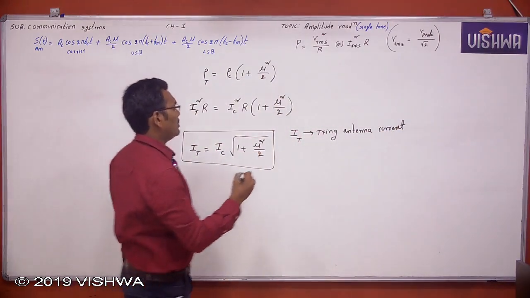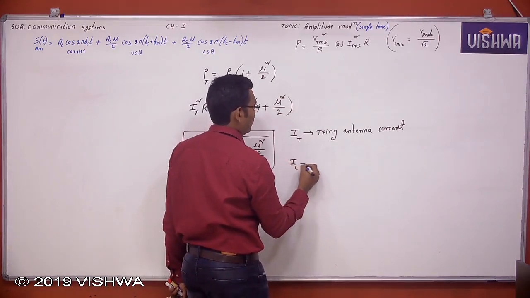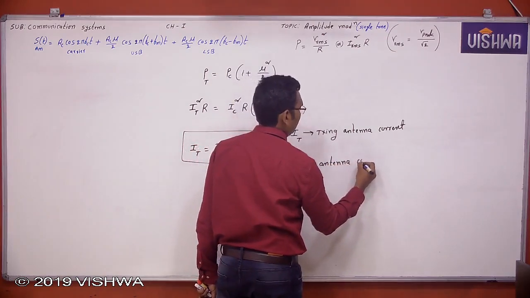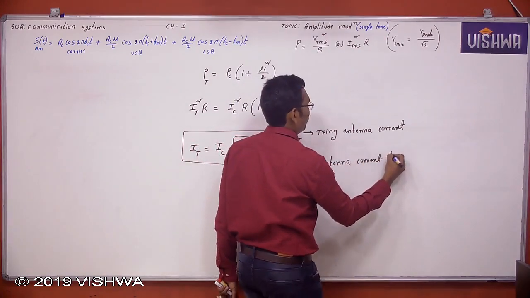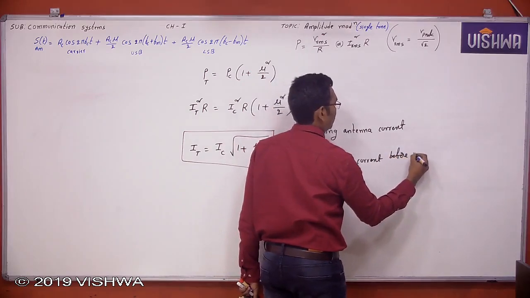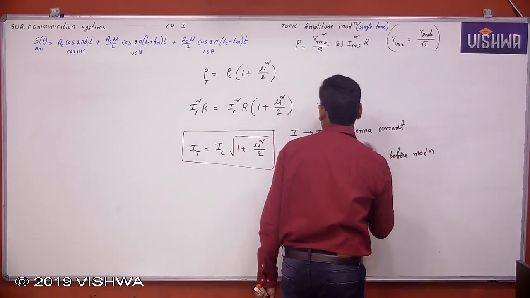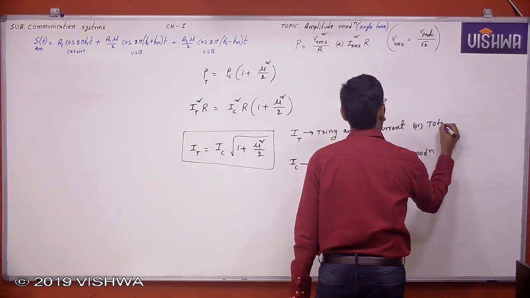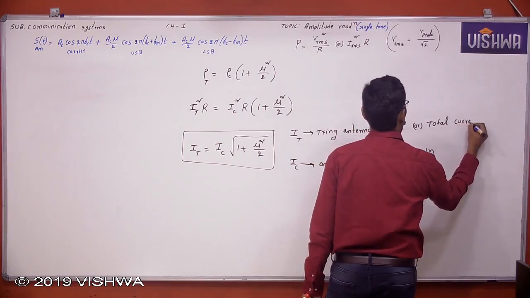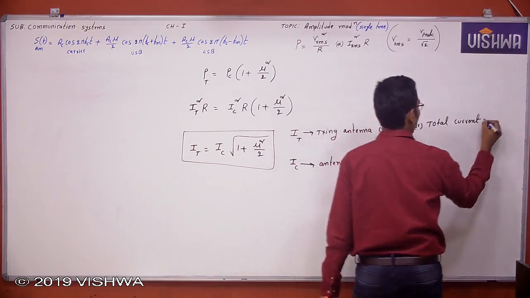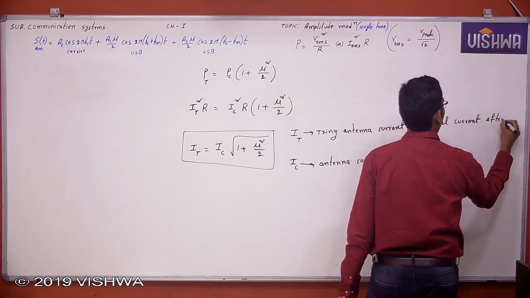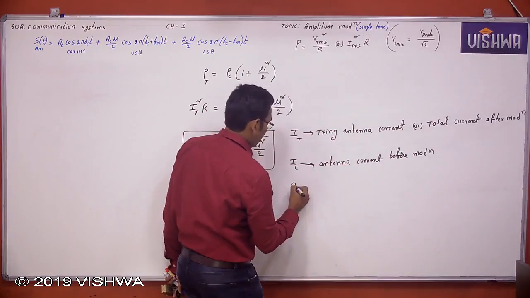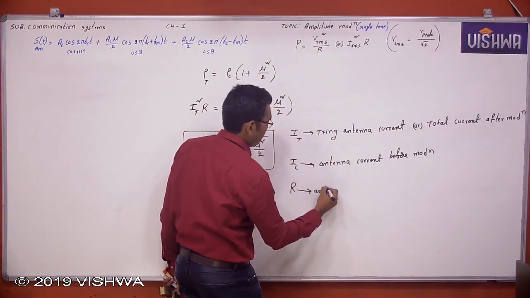Ic is the antenna current before modulation. IT is the transmitting antenna current, or total current, after modulation. R is the antenna resistance.